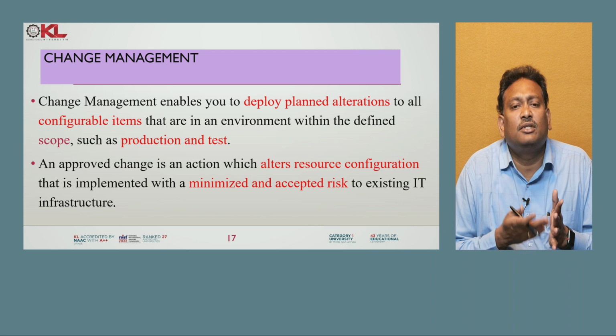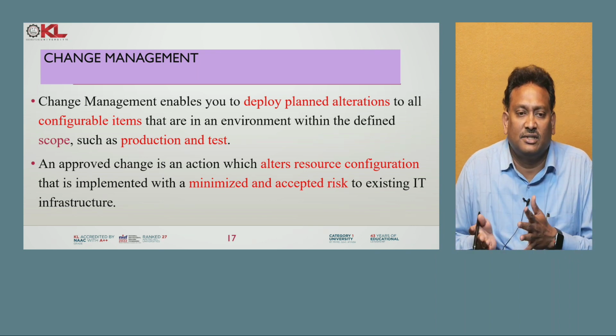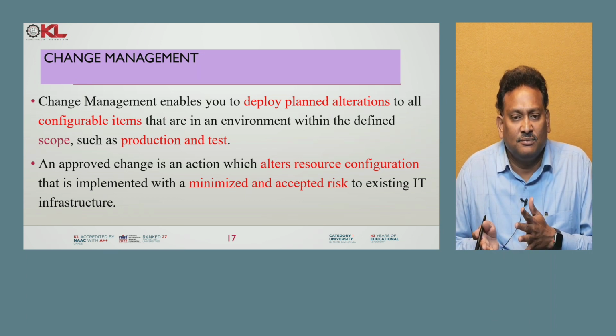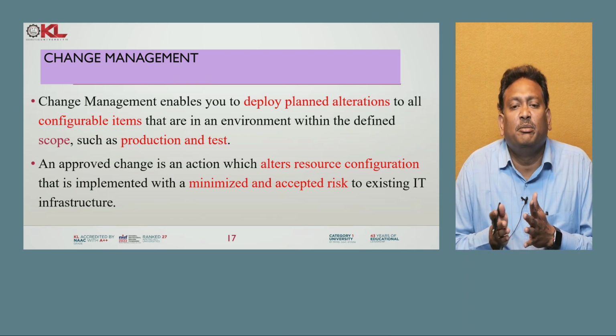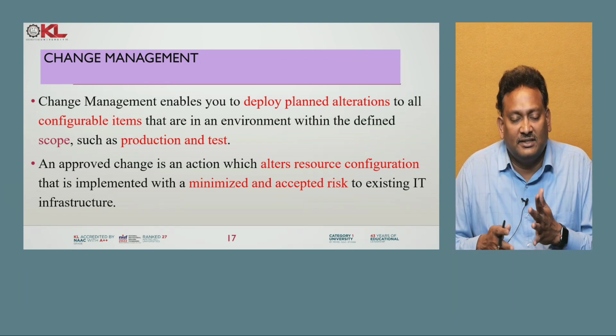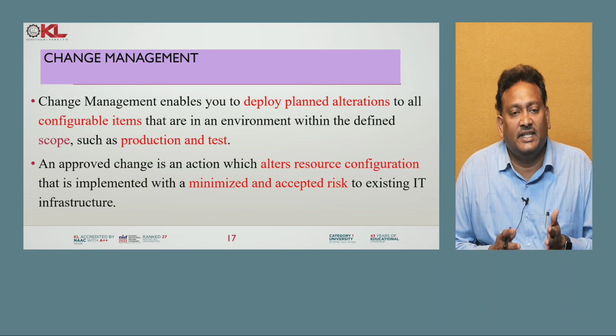This capability enables you to deploy planned alterations to all configurable items, for example production and test, and alter resource configurations and minimize and accept the risk to existing IT infrastructure. The main goal is to minimize risk with the help of change management.